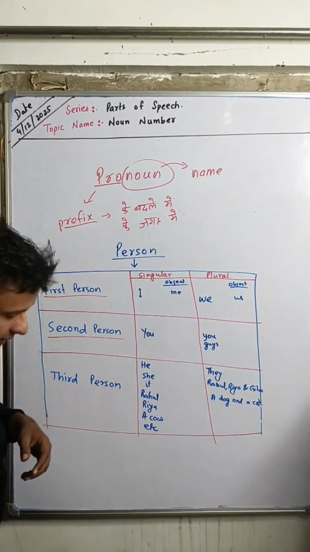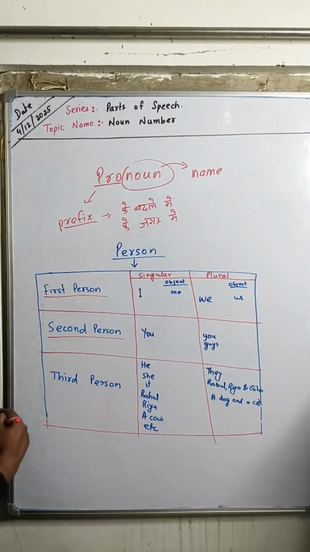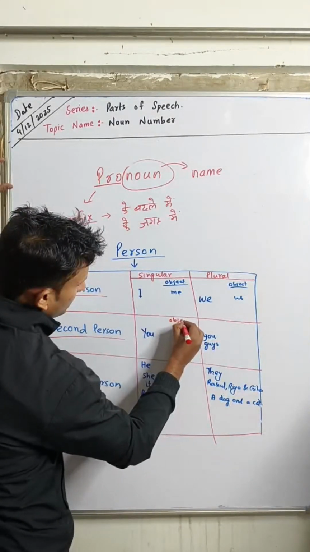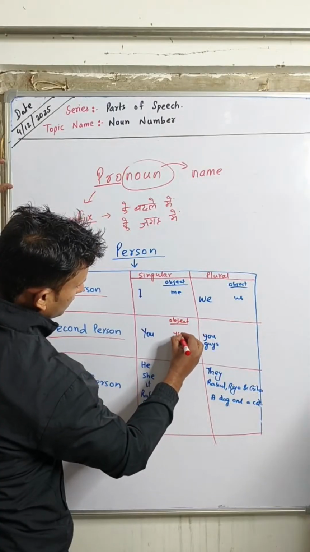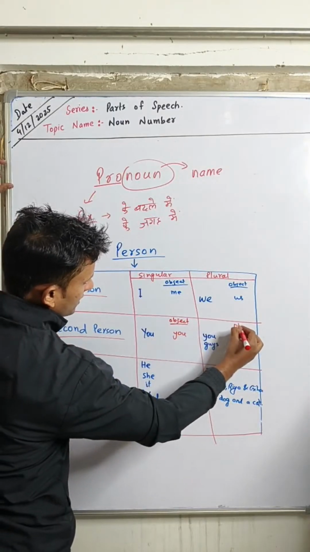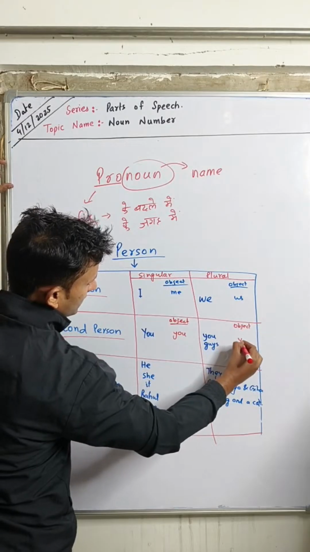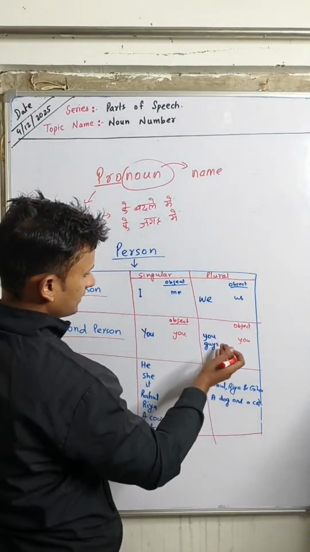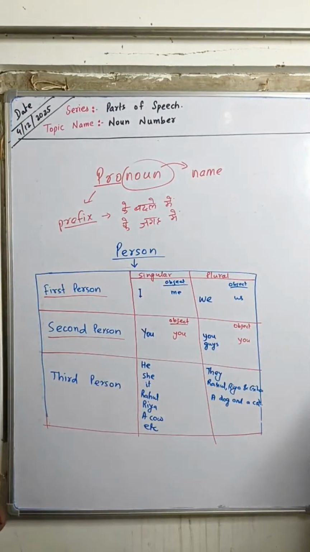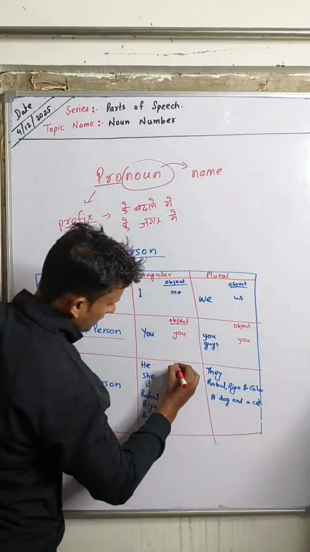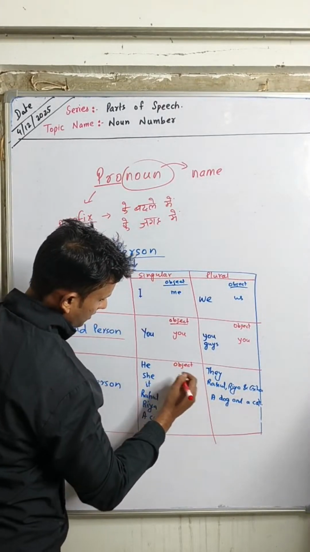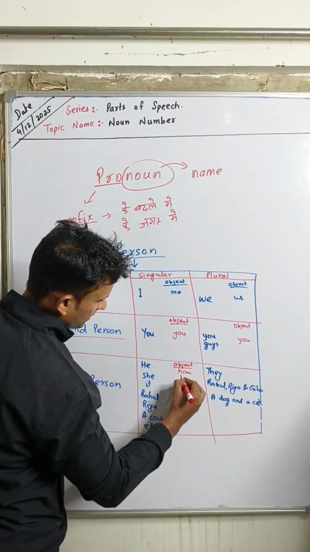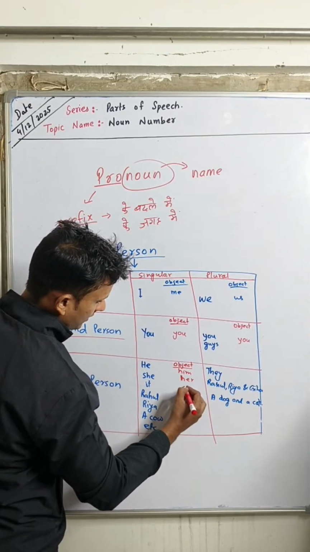So let's look at the objects of these pronouns and third person singulars as well. The object of you is obviously you. So you is a very unique word itself. It is singular, it is plural, it is object, it is subject, all of it is you. But in third person singular number, he becomes him, she becomes her, it remains it.